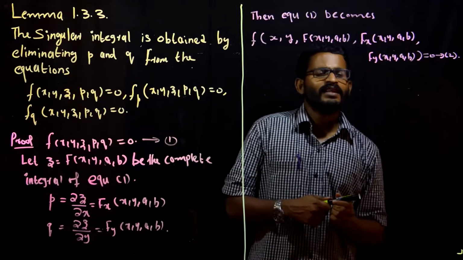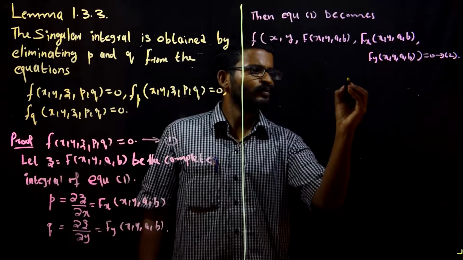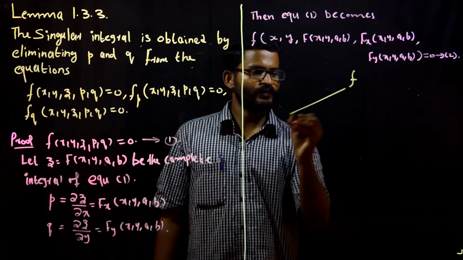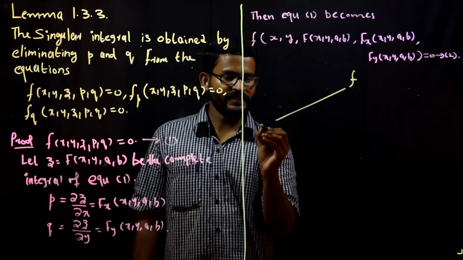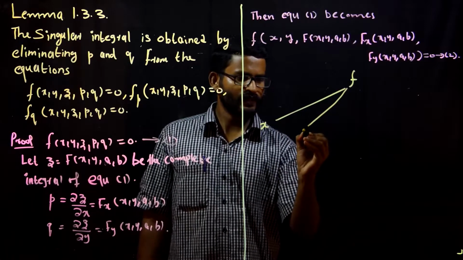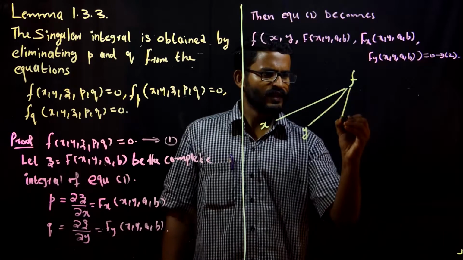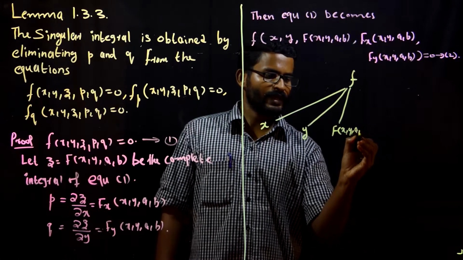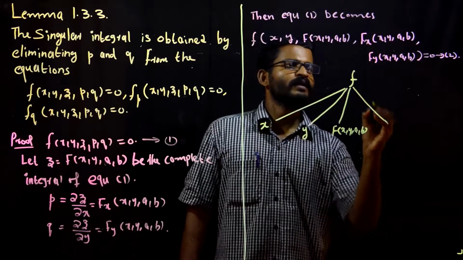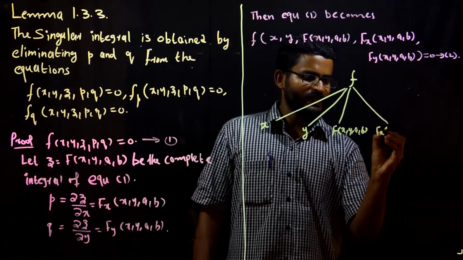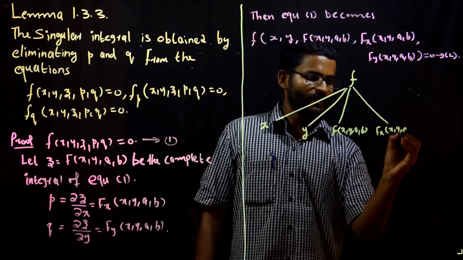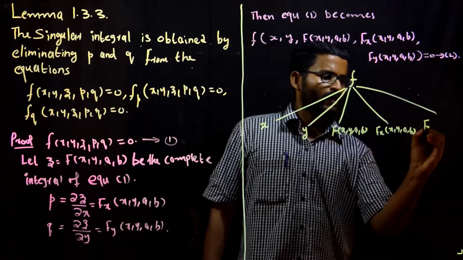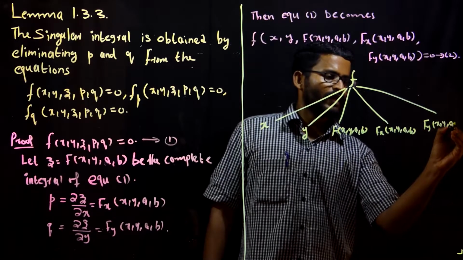For that, let us consider the diagram. We have F, and F has the variables x, y, z, p, q, where z = f(x, y, a, b), p = f_x(x, y, a, b), and q = f_y(x, y, a, b).